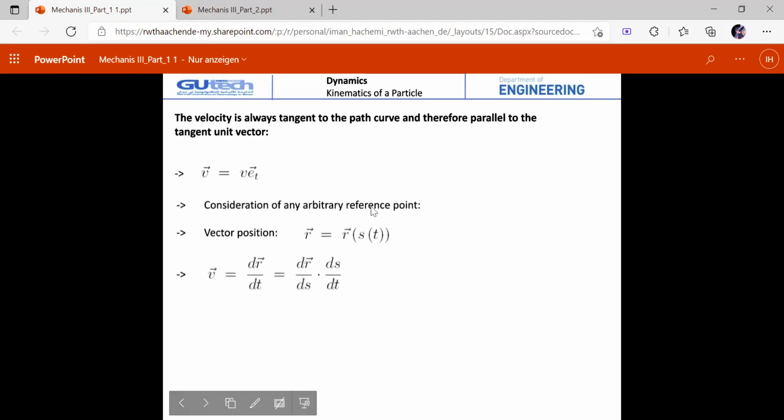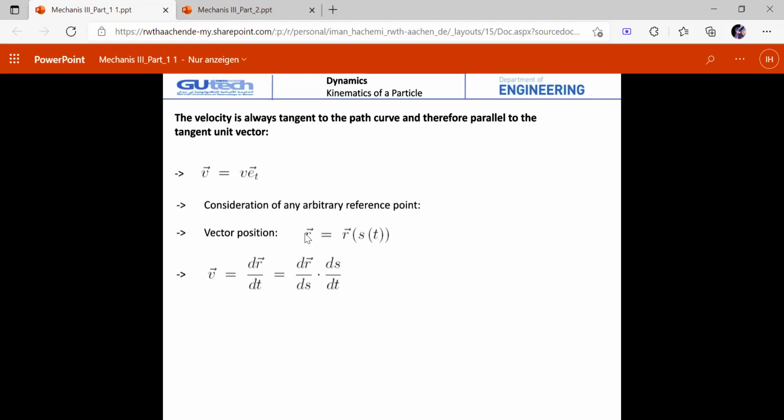Now, considering any arbitrary reference point, the position vector r depends on the position s. The velocity is the time derivative of the position vector.